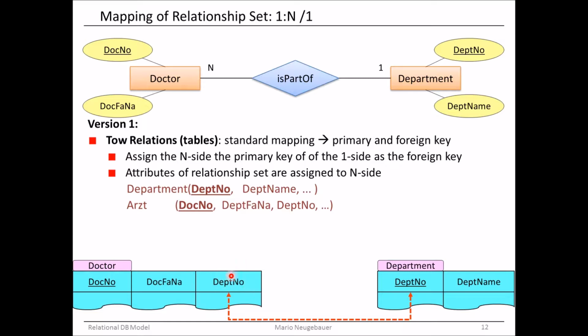So the n side should contain the foreign key, the primary key from the other table, as an additional attribute, as an additional column. In the side where the 1 is present, here in the department side, there is no additional column. The columns stay just the same, like without the 1 to n connection.